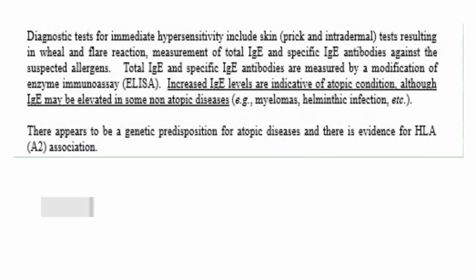This is called the panel test. Total IgE and the specific IgE antibodies are measured by a modification of the enzyme immunoassay. Increased levels of IgE are indicative of atopic condition, although IgE may be elevated by some non-atopic diseases like myeloma or parasitic infections.